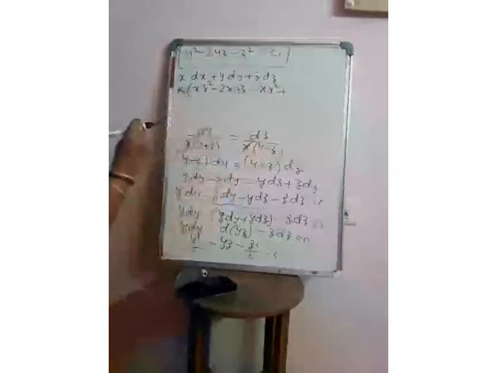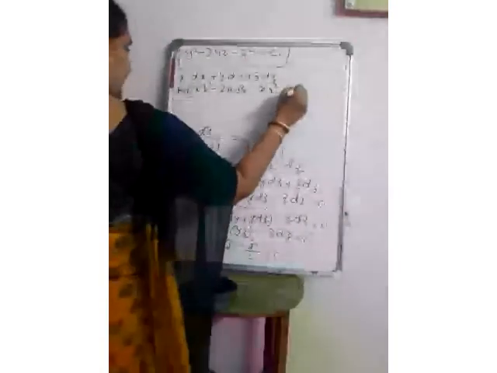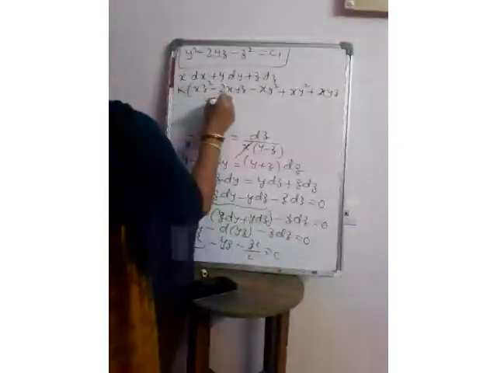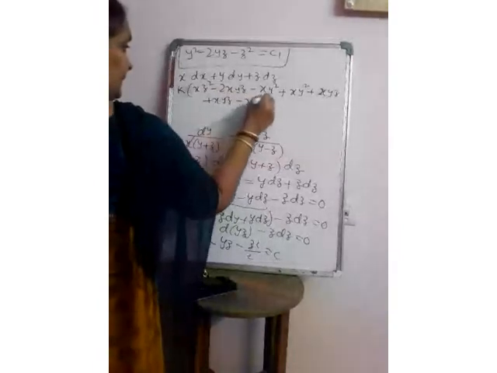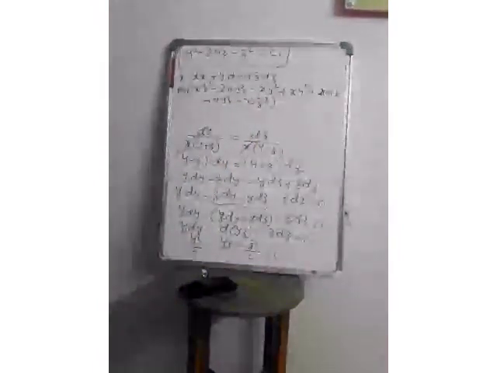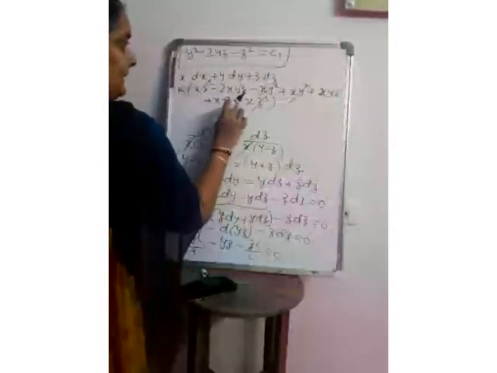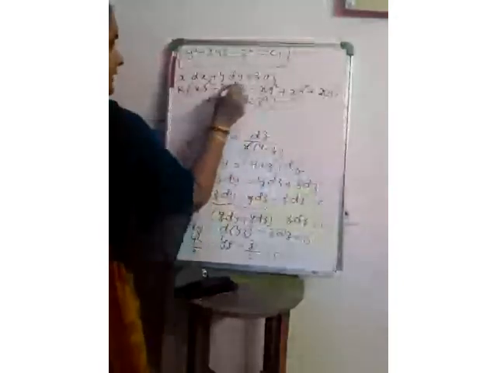The second term multiplied with y: xy square plus xyz. The third term multiplied with z: xyz minus xz square. So you can see that this combination also will become 0. xz square minus xz square, xy square minus xy square, and xyz plus xyz will become 0 with the minus 2xyz.